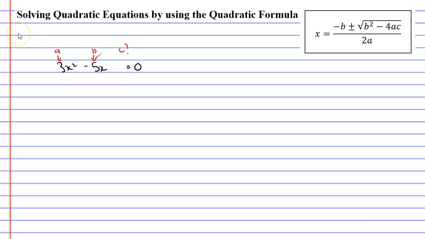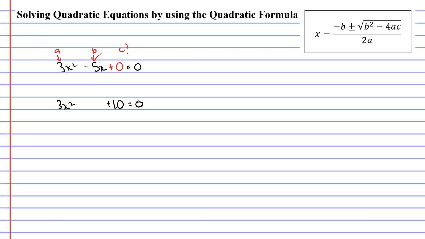Well, C must be 0, because if we're adding 0, we actually don't put the 0 in there. So if you're ever using the quadratic formula and either the A, the B, or the C is missing, just use the number 0. Another example might be 3x squared plus 10.